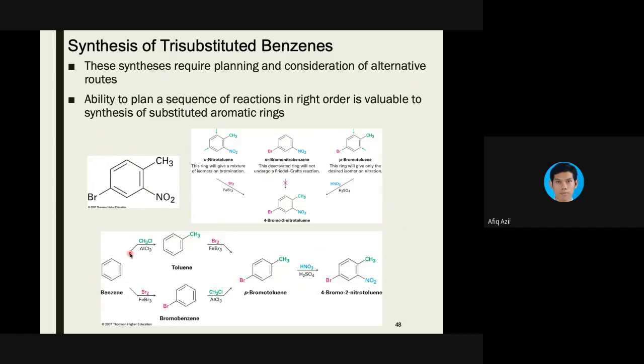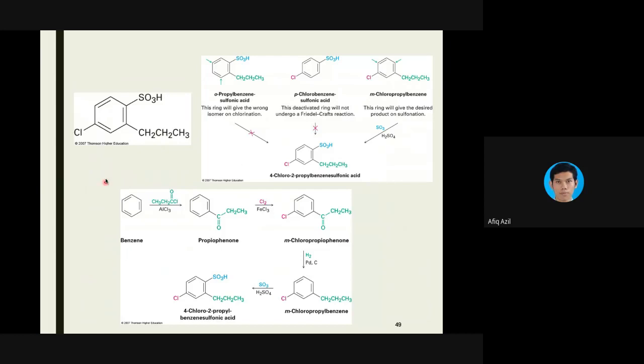Okay, then another example, here we have chlorine, sulfonic acid, and also just an alkyl group. Here it undergoes Friedel-Crafts acylation, okay, with an acyl group. So this is the acyl group, this is the acid chloride. Then from this acyl group, this is basically a ketone, it straight away undergoes chlorination.